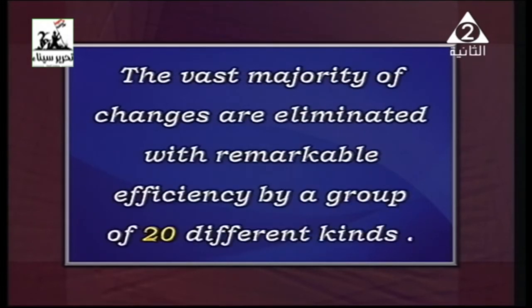The vast majority of the changes are eliminated with remarkable efficiency by a group of 20 different kinds of repair enzymes. And actually, I think this is one of the main reasons for the stability of the DNA inside your body.